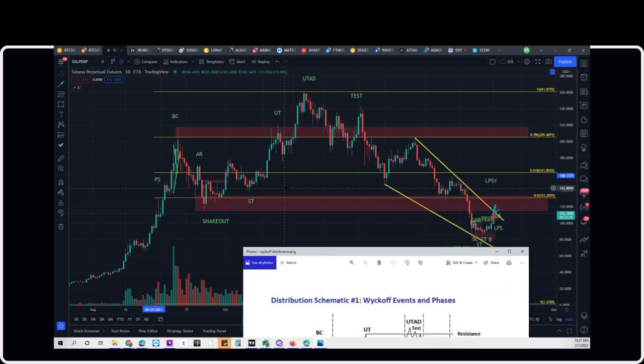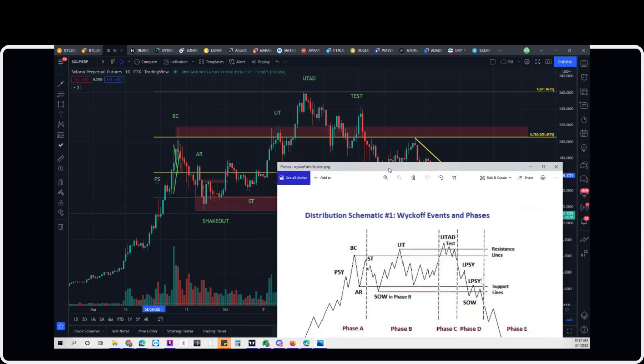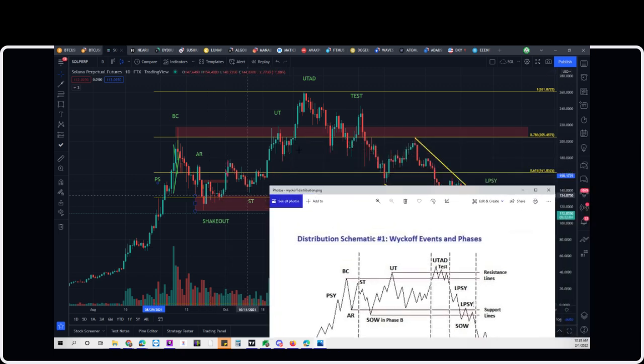Well, we got a lower support test. We didn't get an even support test on the shakeout. This one's considered a sign of weakness, but it's also because we got higher lows on this chart. It's considered more of a shakeout before we got an ultimate upthrust.